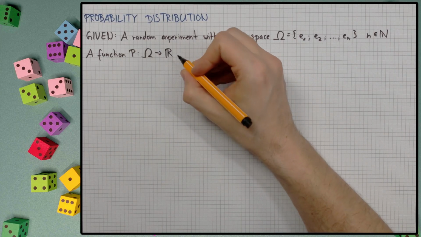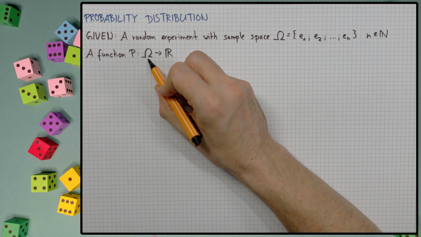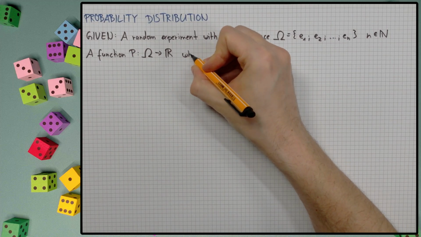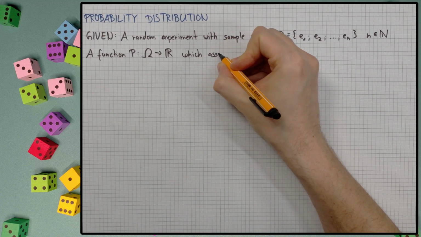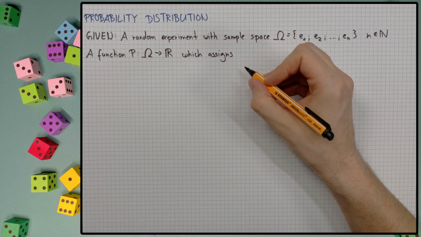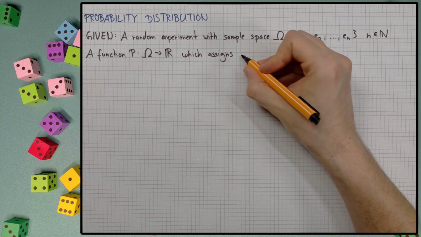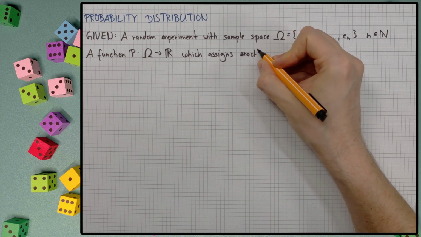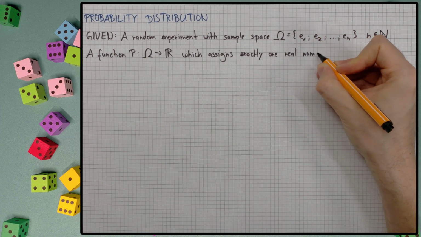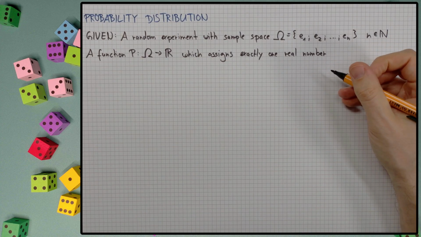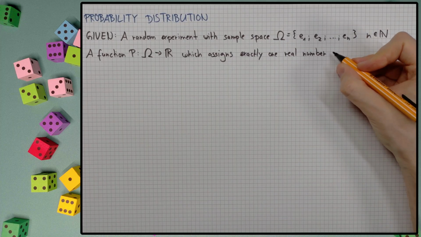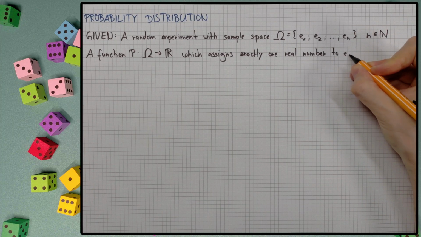So a function from the sample space into the real numbers. And it's going to assign exactly one real number to each elementary event from the sample space.